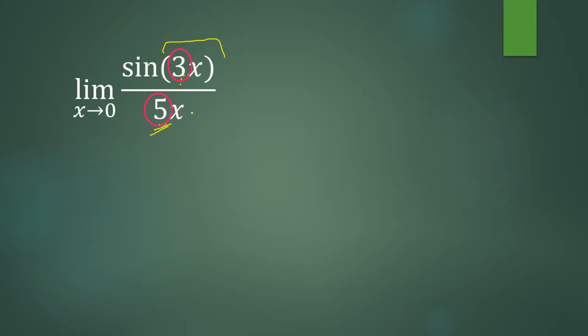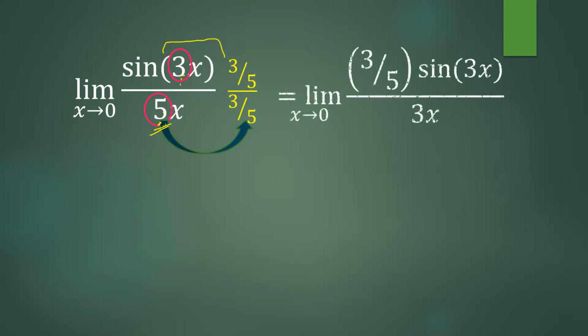So we multiply this by 3 over 5. We can get rid of 5 and turn this into a 3. So our multiplier will be 3 over 5 for both numerator and denominator, as if we just multiplied by 1. Okay. So the 5 will cancel once we multiply these factors. So it becomes just 3x.